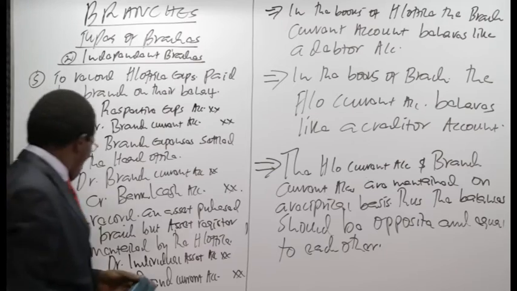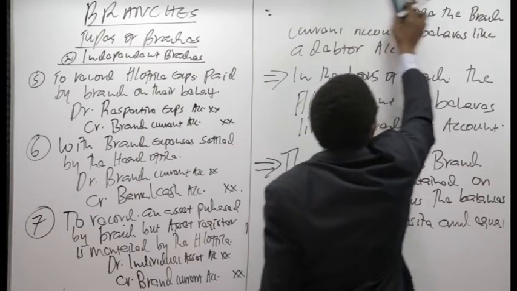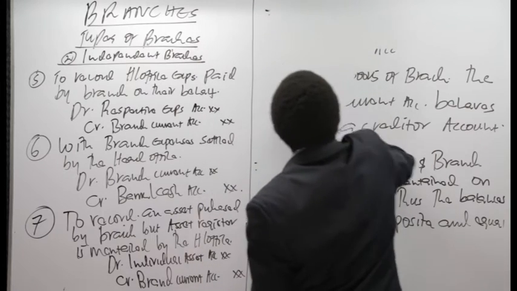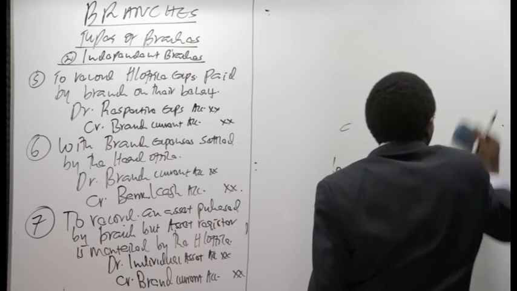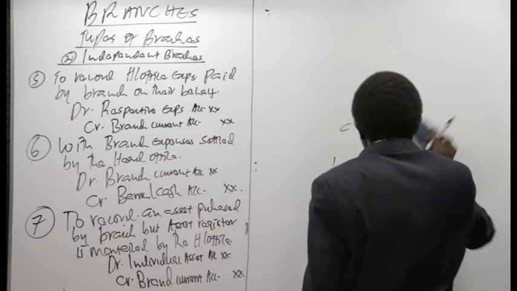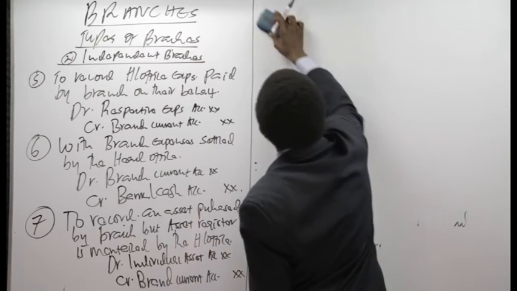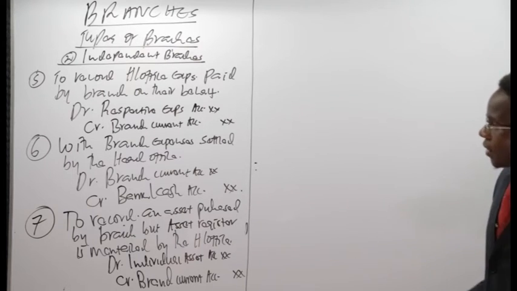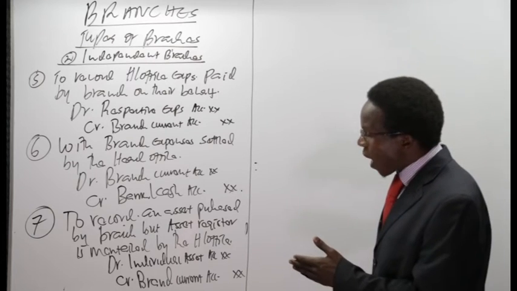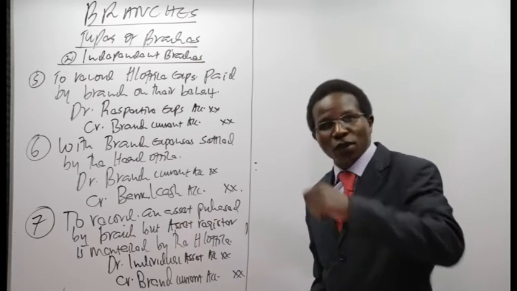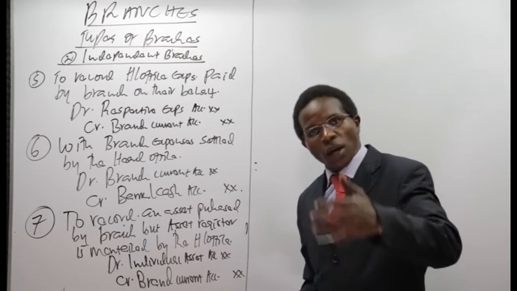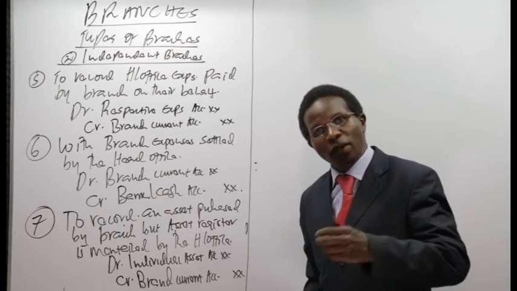Now, friends, we still continue. You realize that this is an asset. If this is a depreciable asset, friends, then there is a depreciation. If it's a depreciable asset, we need to recognize or account for depreciation of this particular asset.